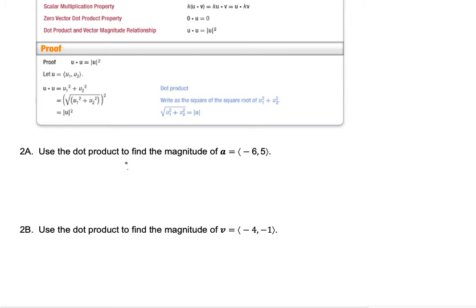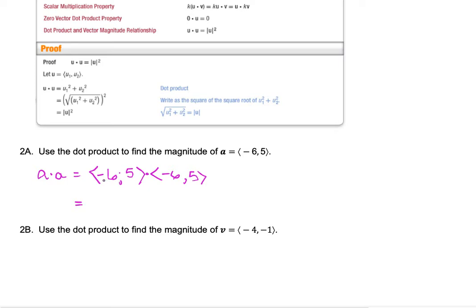So I'm going to take this vector A and dot product it. So I'm just going to actually write it out so we can see it. I should put a dot here and not here. Okay, so it's the same vector and we're using dot product.